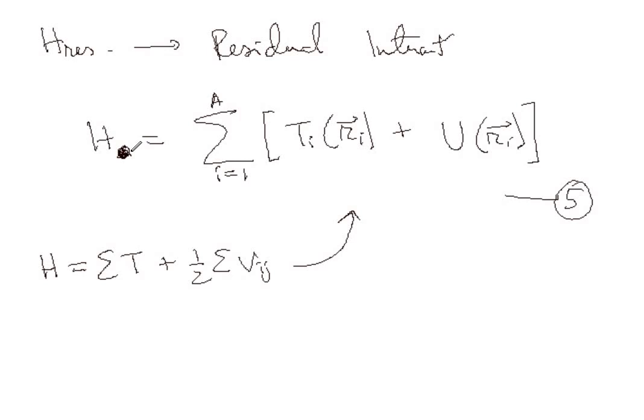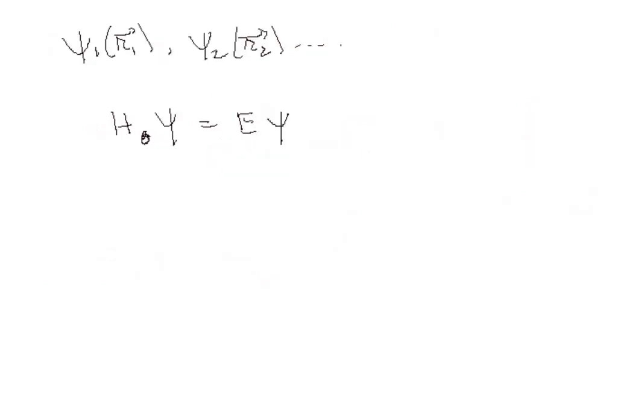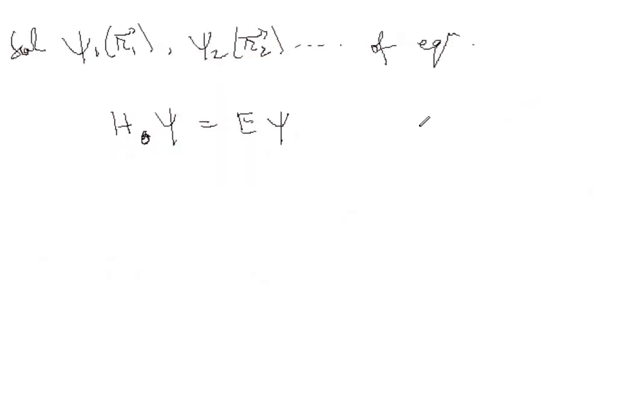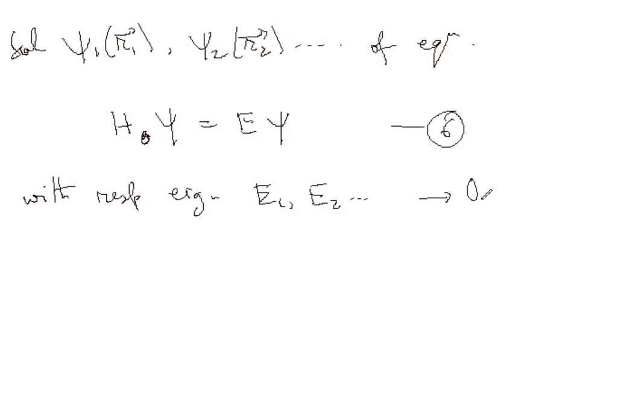So the solutions of this equation, equation 6, with respective eigenvalues E1, E2, E3 and so on, are known as orbits or orbitals.